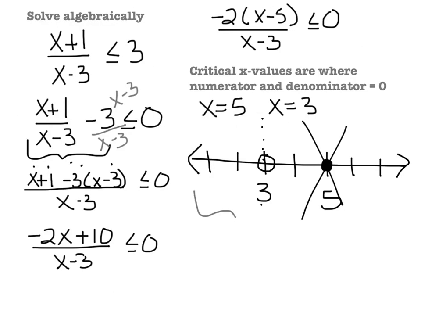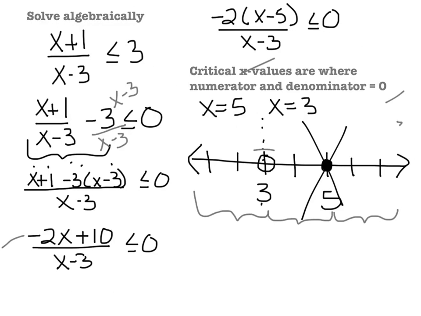I've got an interval between negative infinity and 3, an interval between 3 and 5, and an interval between 5 and infinity. Sorry about the bell. Once you've divided your number line into these intervals, just pick a value in each interval and check to see if it's positive or negative. So let's pick something less than 3.